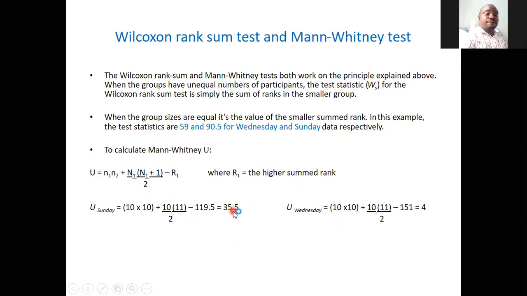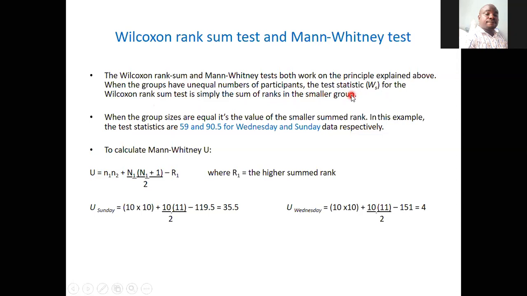But the issue there is in the process of doing it: when the groups have an equal number of participants, the statistic W for the Wilcoxon rank-sum test is simply the sum of the ranks in the smaller group.